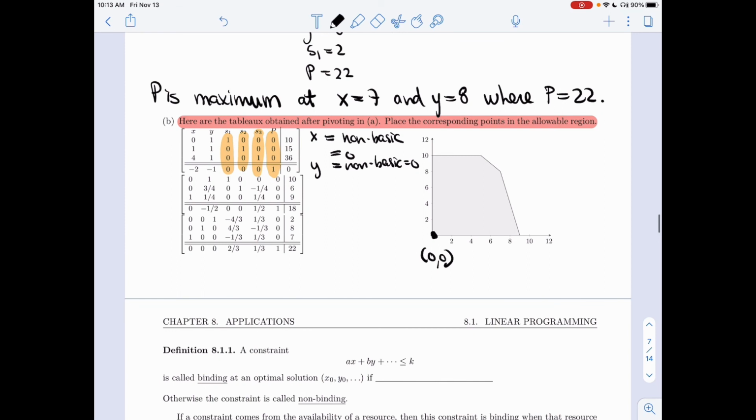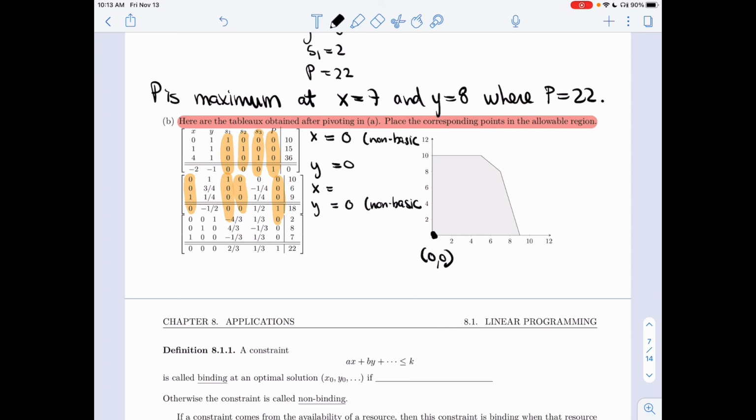Now in the middle, right here, I get that x is basic, and so x is 9. And I get that y is non-basic, and so it's 0. Let me write it that way. So in the previous tableau, x is equal to 0 because it's non-basic.